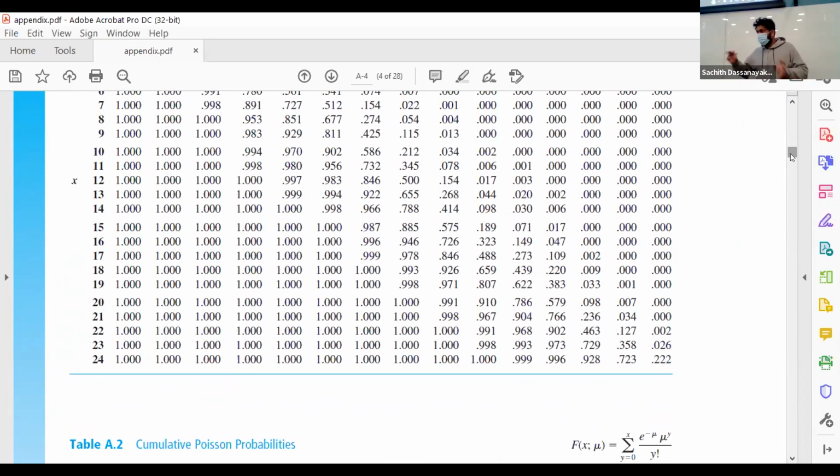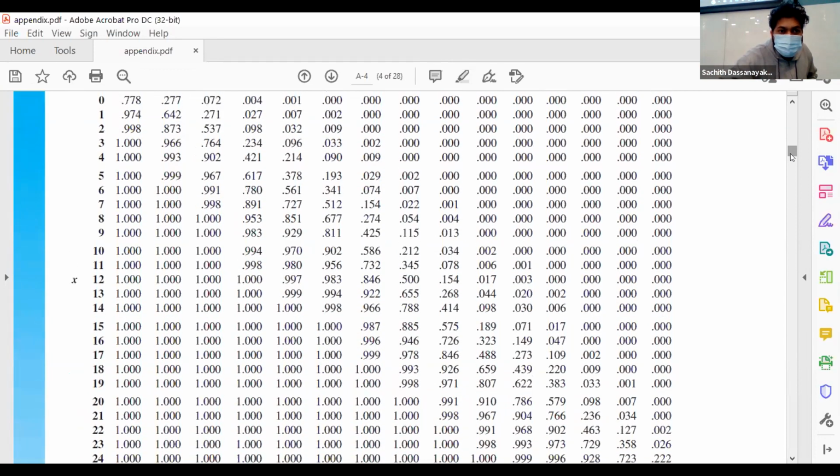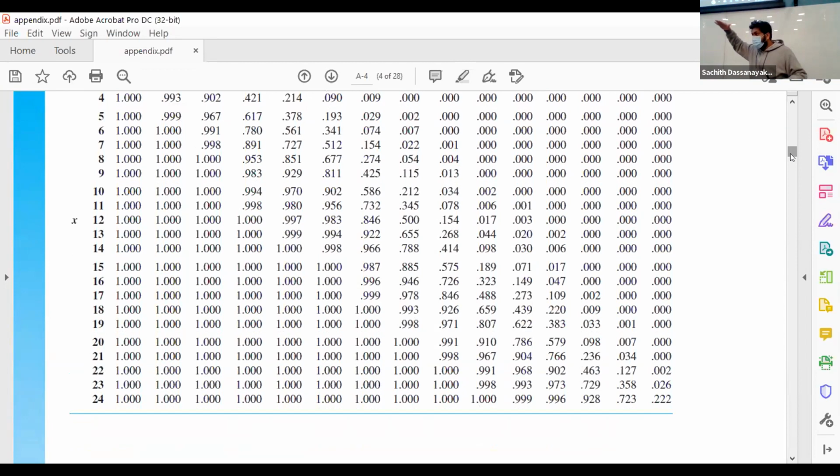So up to 25, including 25, 0 to 25 defectives, all are possible. So from 0 to 24, the CDF value is 1. From 3 to any value, it is 1, okay?